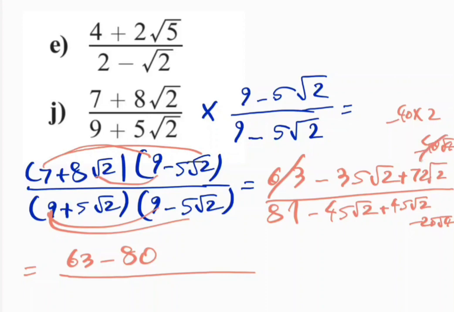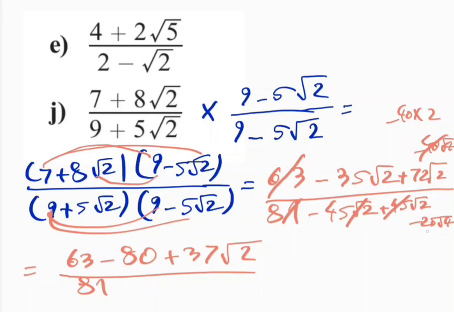Here, and now we have minus 35 root 2 plus 72 root 2. So we can just do this simple subtraction, which gives us 37 root 2. Okay, now let's simplify the denominator. So we can write down 81. And minus 45 root 2 plus 45 root 2 just cancels out, which is 0.